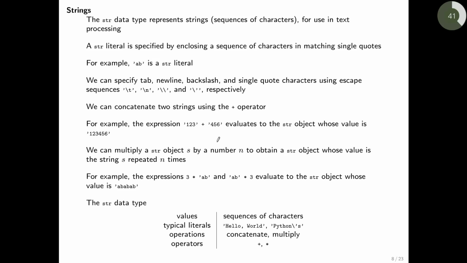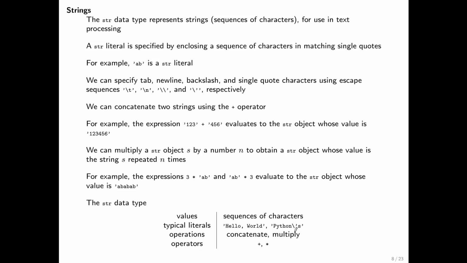So here's a summary of the string data type then. Now remember that the data type definition is basically a range of values with allowed operations on those values. So what are the values for a string data type? Well, it's simply sequences of characters. Any sequence of characters is a valid string. And then typical string literals are literals such as these.